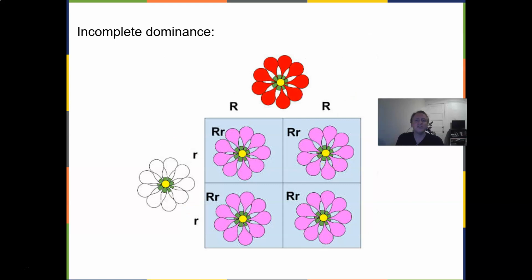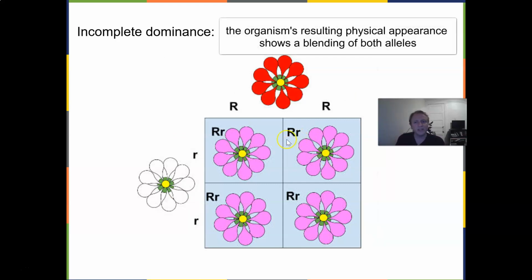We also have this notion of incomplete dominance. So in incomplete dominance, this is just an example, but let's say we have a red flower and we cross it with a white flower. We know for sure the alleles of this red flower because it's red, and as we'll see shortly, if it was anything else, it wouldn't be red. And we know for sure the genotype of this white flower because it's white.